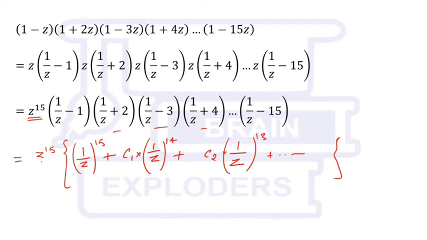Now if we multiply this z raised to the power 15 with this c2 times 1 over z raised to the power 13, then we will get c2 times z square. Here in our question this c2 is written as a, and we have to find the absolute value of a.